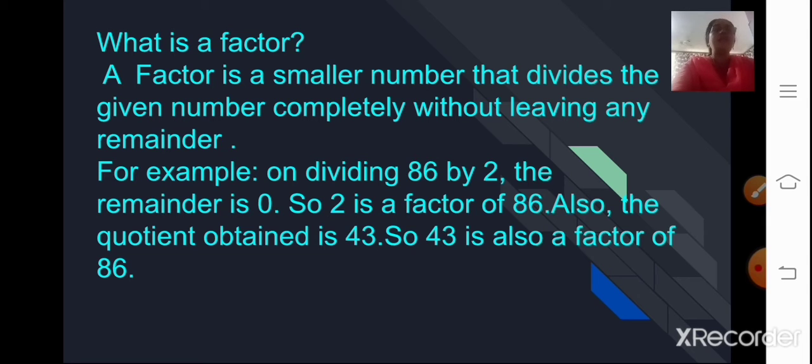For example, if I am dividing the number 86 by 2, the remainder is 0. That means the number 86 is completely divisible by the number 2. So 2 becomes a factor of 86, and also as we obtain the quotient 43, 43 is also a factor of 86.